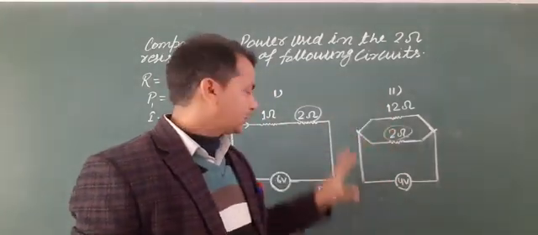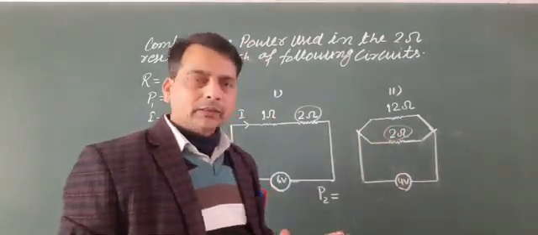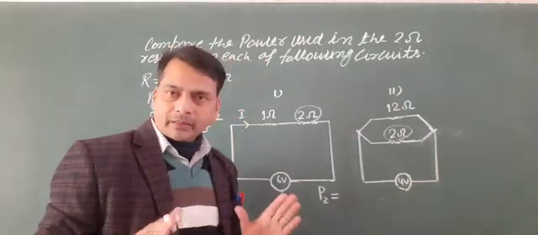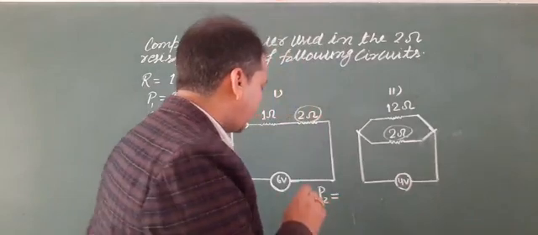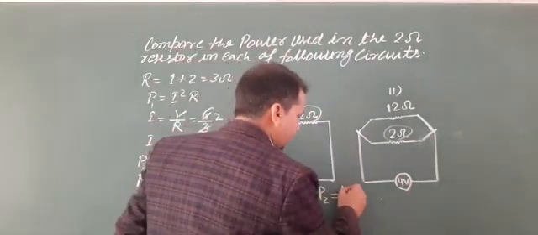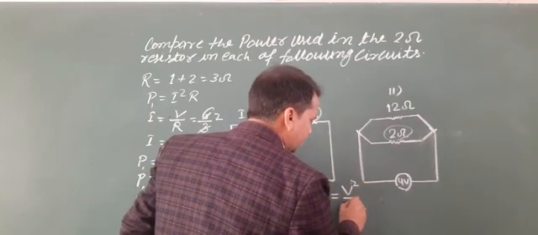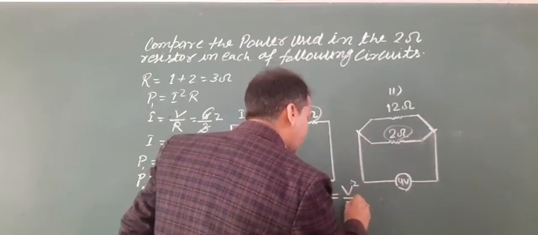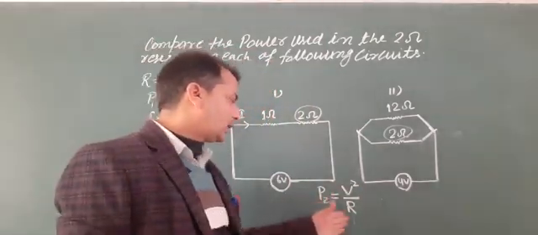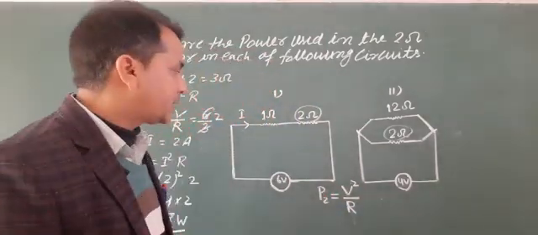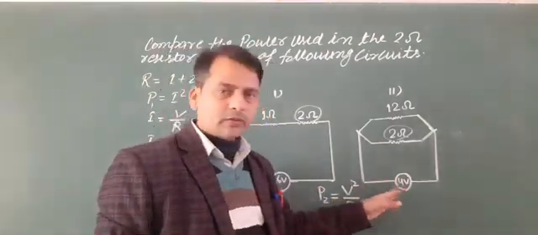the parallel combination. Then the power on the 2 ohm resistor: the formula of power in relation to the potential difference and resistance is V square by R. So in this case, the potential difference is given in this circuit, that is 4 volt.